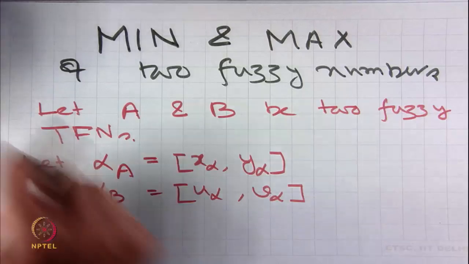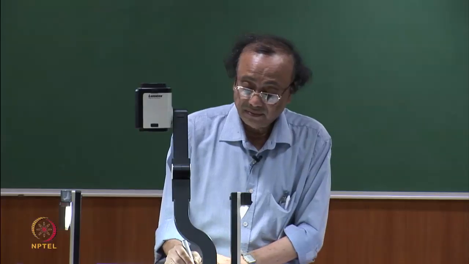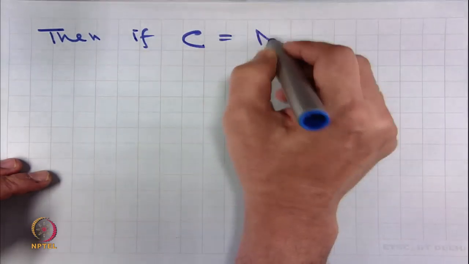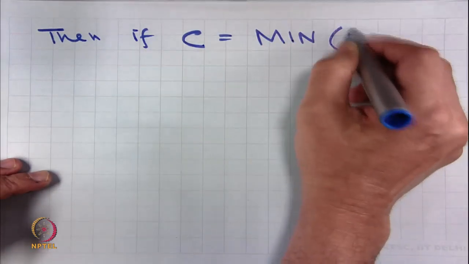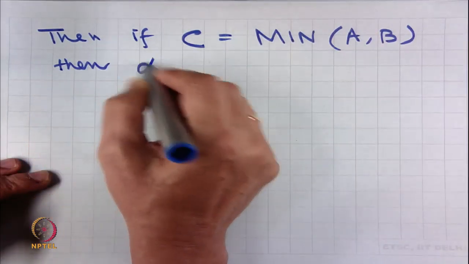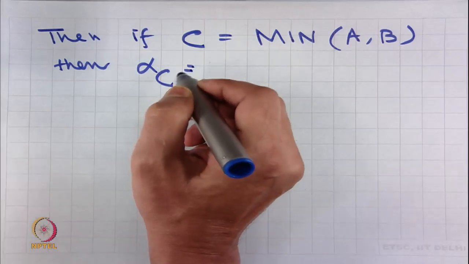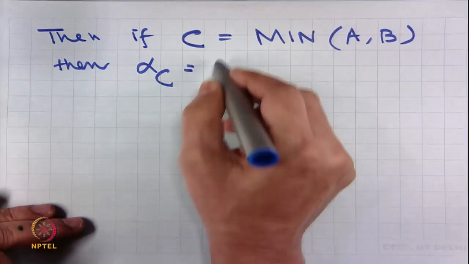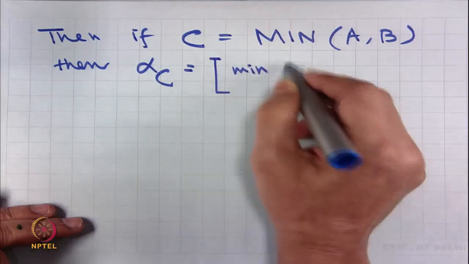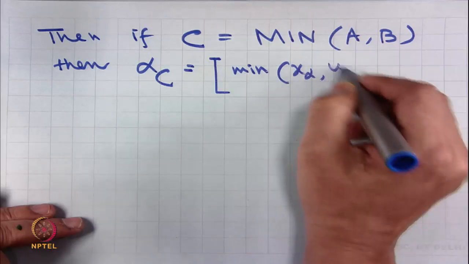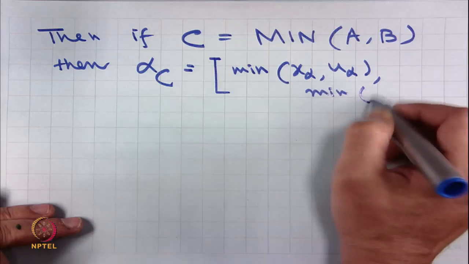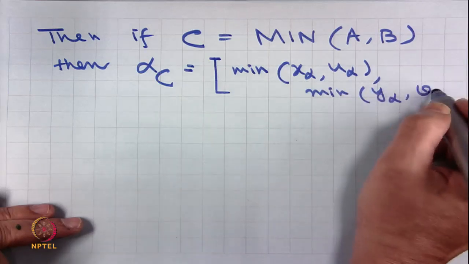Then by definition, if C = mean of A, B, then alpha cut of C is [minimum of x alpha, u alpha; minimum of y alpha, v alpha].